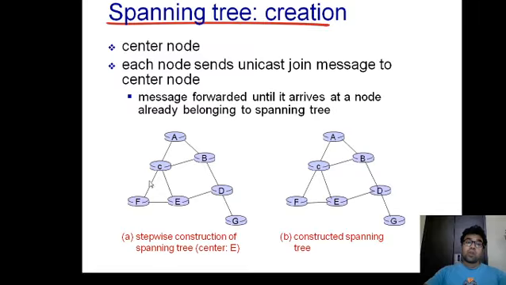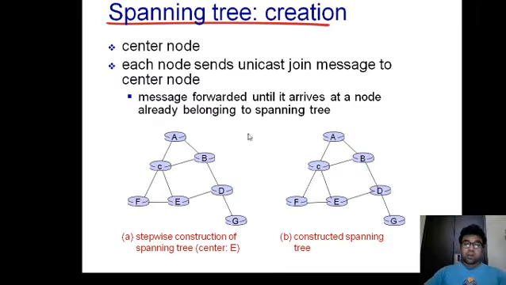So first of all, in this particular network, we have to select a center node, which is also called a rendezvous router or center node. Each node sends a unicast join message to that particular center node, and that unicast join message is sent with the help of distance vector routing algorithm.